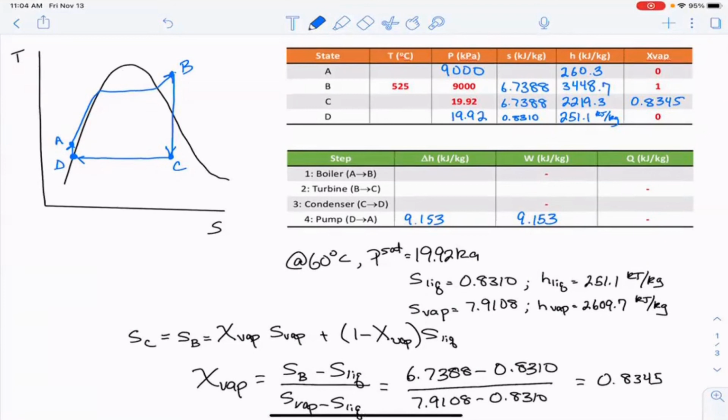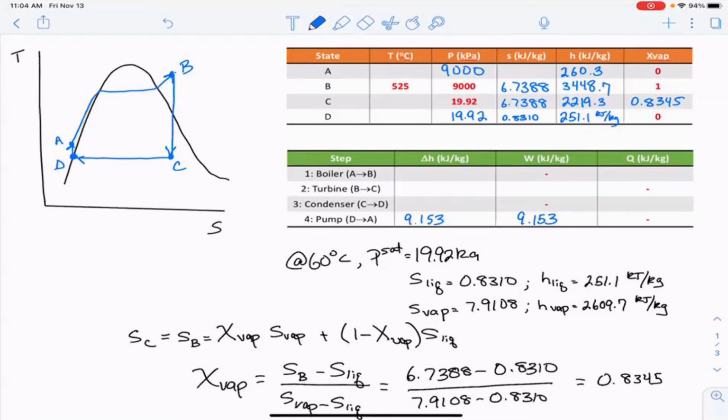the work that comes out of the turbine, and the heat that's removed from the condenser. And so if you look at the numbers in the table above, in the boiler, we're only adding heat. So, right, delta H is equal to Q, just like it was in the previous lecture.